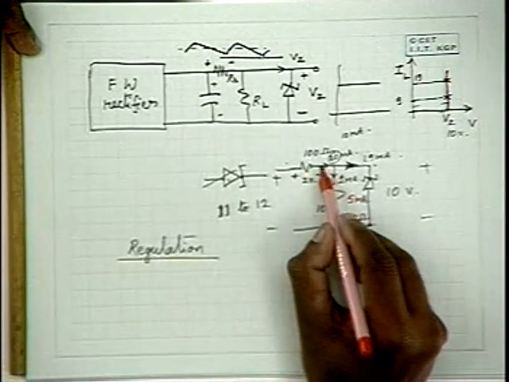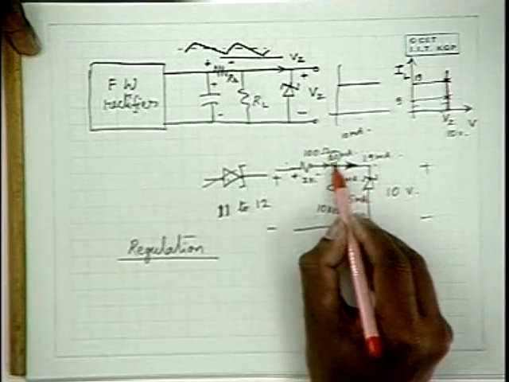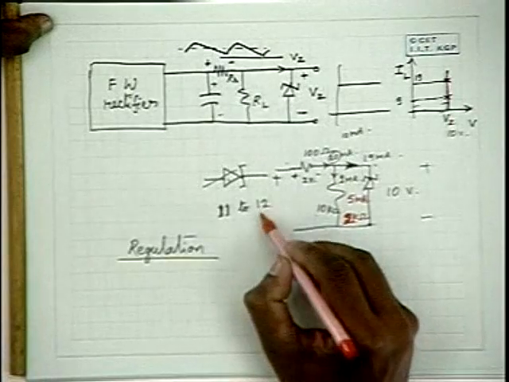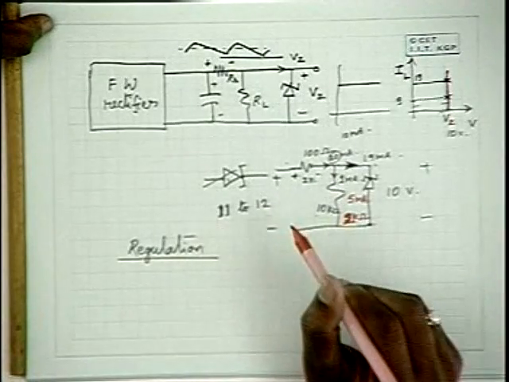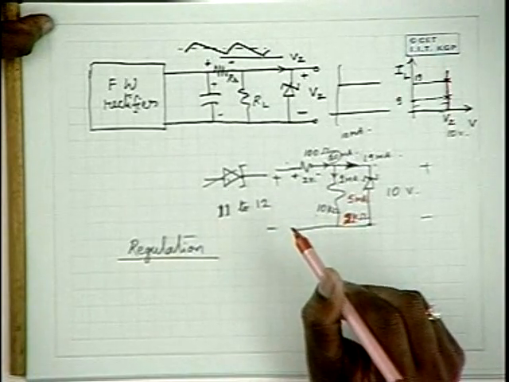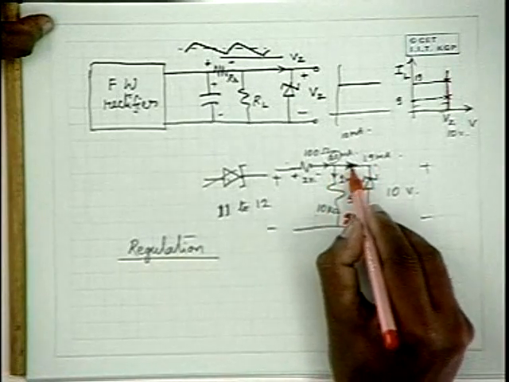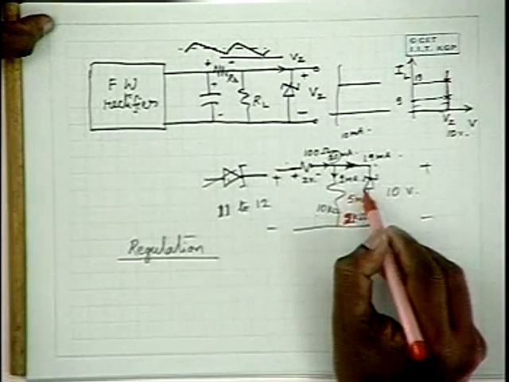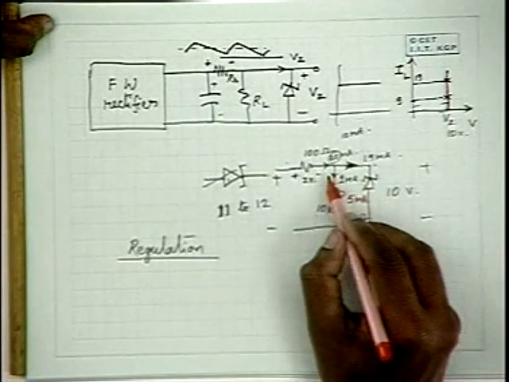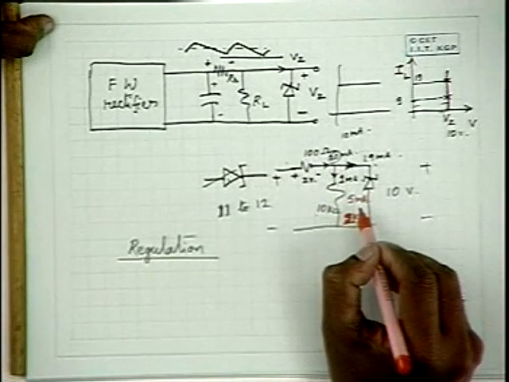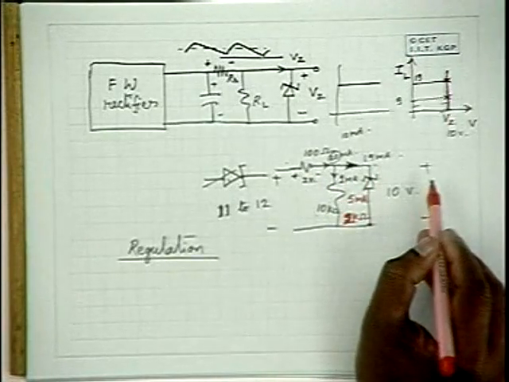So the current passing through the series resistance is the same, either 20 or 10 milliamperes when the input is 12 and 11 volts respectively. The only difference is the Zener current. Some of the Zener current gets redirected into this load resistance and maintains the output voltage at a constant 10 volts.